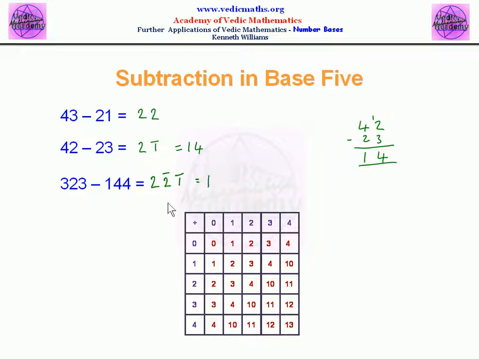So we're going to have a 1. That 2 is going to become a 1. And then we can apply the sutra, all from 4 and the last from 5 to the 21, to get the other figures. We did something just like this in base 10. So we take 2 from 4 to get 2, and 1 from 5 to get 4, and there's the answer, 124.